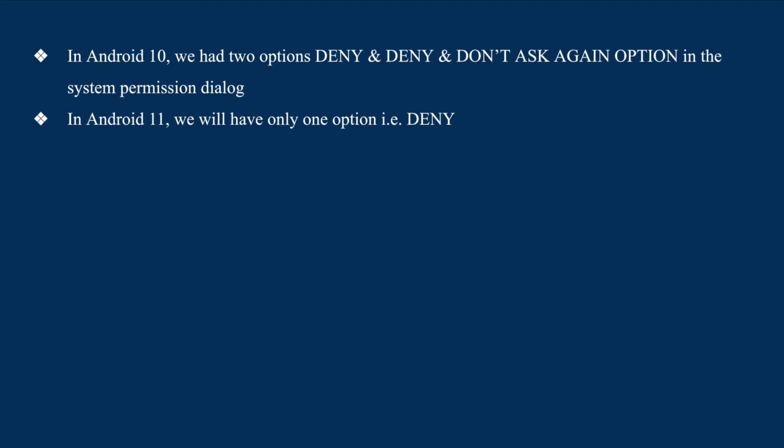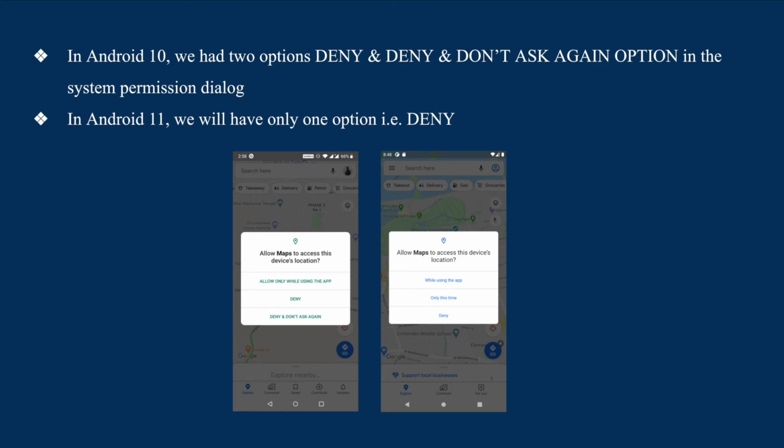And if you compare both UIs in parallel, you can clearly see the difference between the two. The left-hand side is the Android 10 screenshot and the right-hand side is the Android 11 screenshot, wherein you clearly see that in Android 10 we had two options, and in Android 11 they are combined into one option, that is deny.